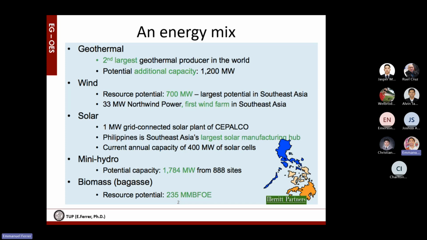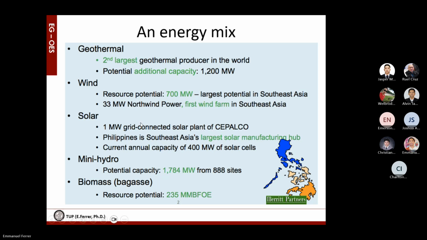That is actually the potential of the Philippines when it comes to biomass, bagasse alone. So this is what we mean by energy mix, we shouldn't rely on only one form of energy source.